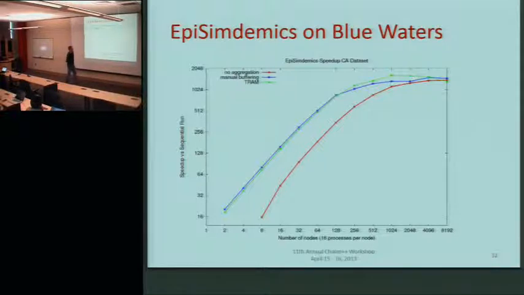But at least in this realm, between 128 nodes and 2K nodes, and this is on Blue Waters, at least in that realm, there is actually some speed up from TRAM. And I think with time, TRAM should be able to outperform the manual aggregation approach.